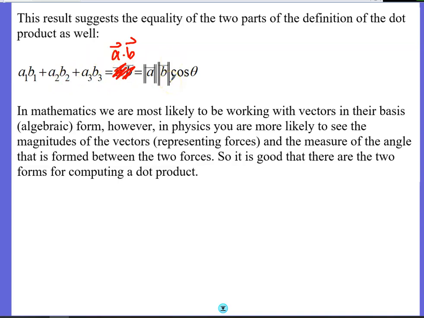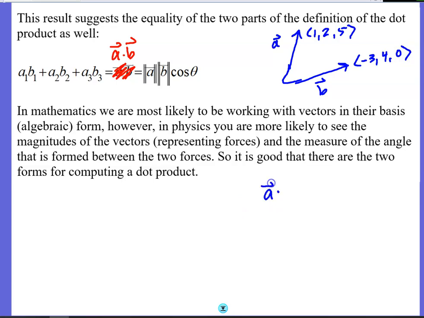So let's look at the differences. If I've got vector A, maybe that vector is 1, 2, 5, and I've got vector B, which is maybe -3, 4, 0, okay? And I wanted to find their dot product.